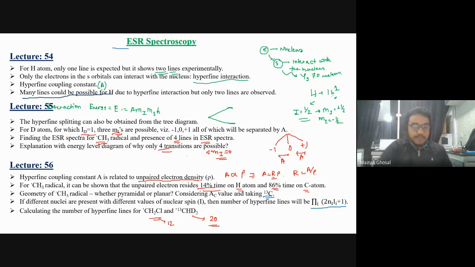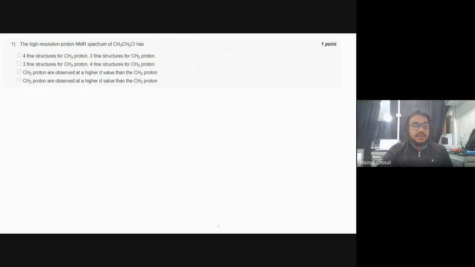Now I am moving to some questions regarding ESR spectroscopy. The first question: the high resolution proton NMR spectrum of CH3CH2Cl has 3 fine structure lines for the CH3 protons and 4 for the CH2 protons, and the CH2 protons are observed at a higher delta than the CH3.